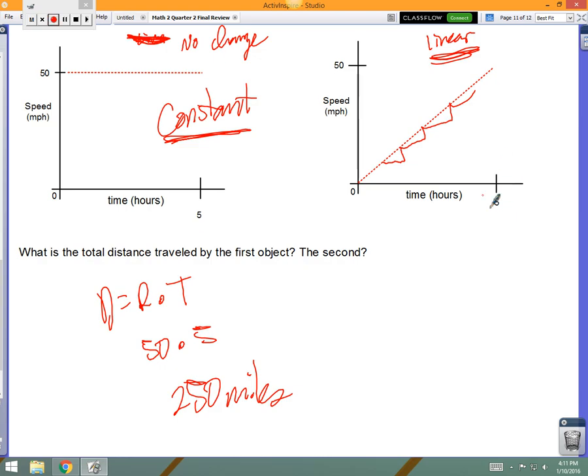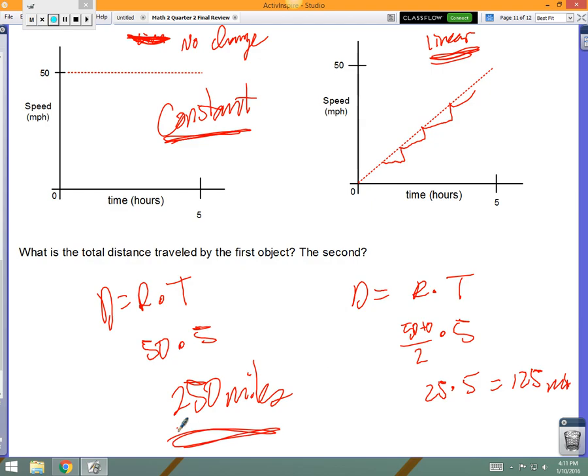So we're going to take that whole duration, which was 5 hours, distance equals speed times time, and you're going to use 5 for the time, but the speed, you have to use the average speed, which is going to be right in the exact middle. So the speed is going to be 50 plus 0 divided by 2. So it's going to be 25 times 5. So this guy, 25 times 5 is only 125 miles. So the first guy traveled quite a bit further.